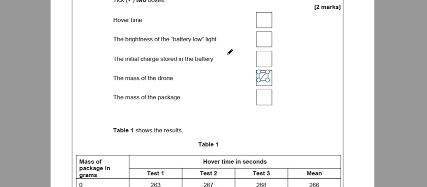I would also choose the initial charge of the battery should be constant, as if it were made variable, it would be an interfering variable with the independent one, which is mass.